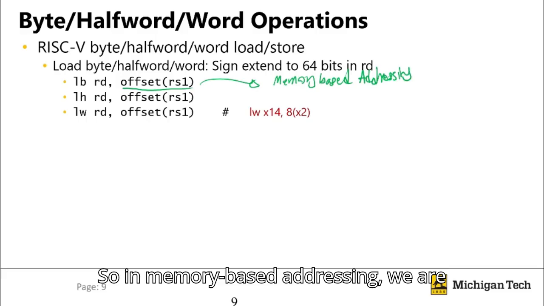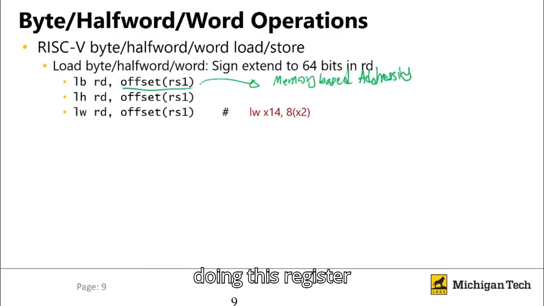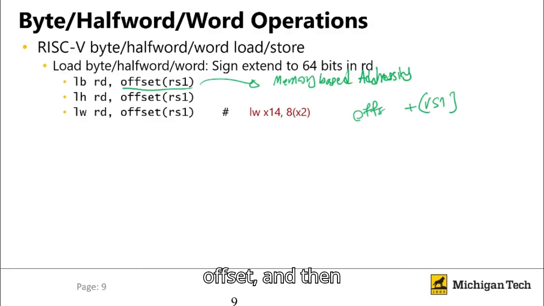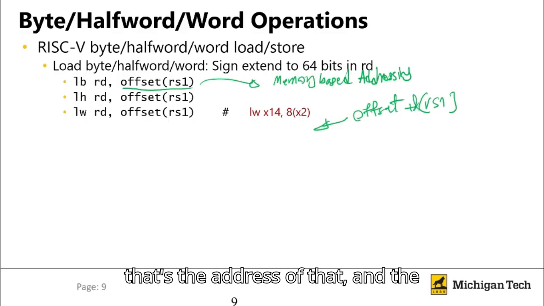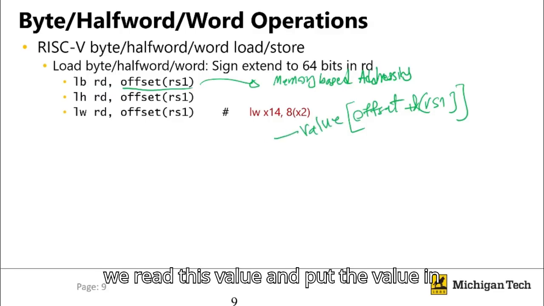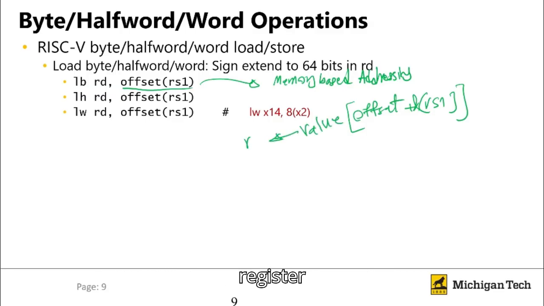In memory-based addressing, we have a source register. The address is in the register. We add that to the offset, and that's the address of the value. We read this value and put it in the destination register.